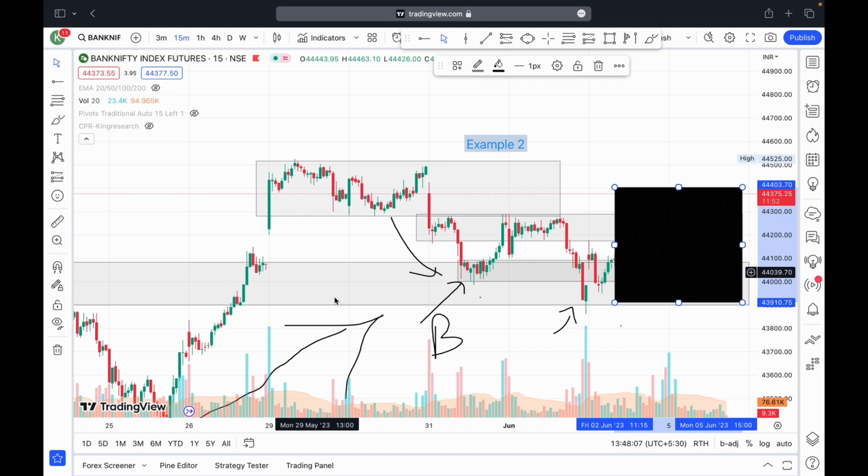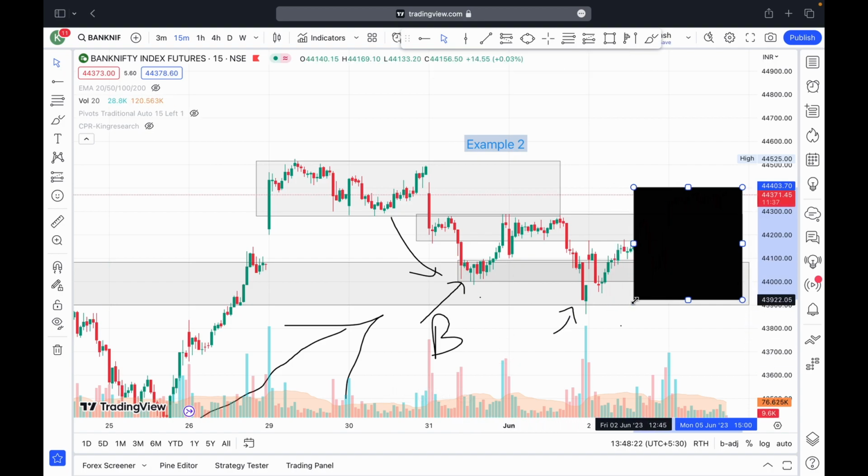Because of the SNR, the buyers start buying here. Now the prices go down even deeper than this zone. The buyers are even more interested in buying because this is inside the SNR zone, and you can see the prices are going up.